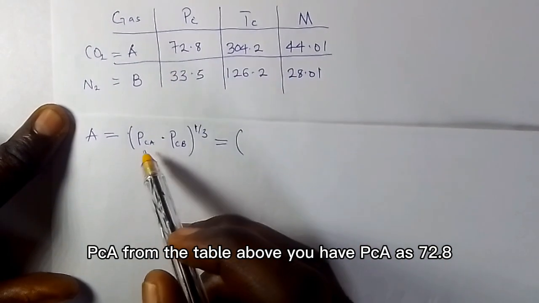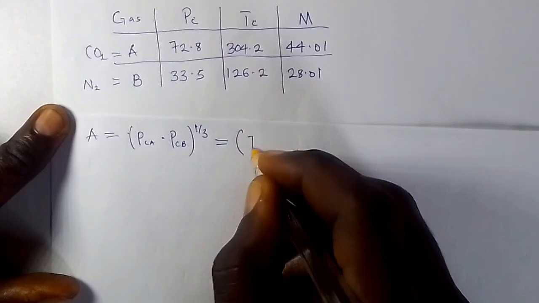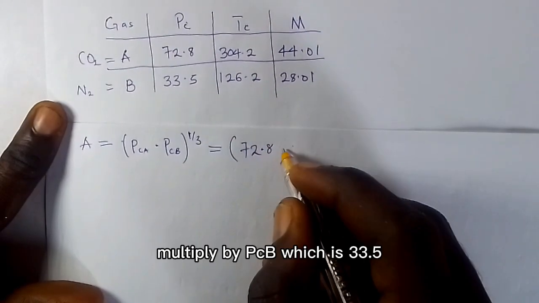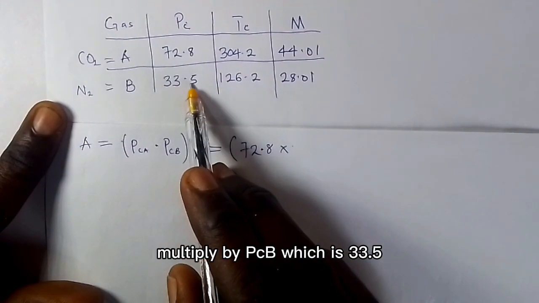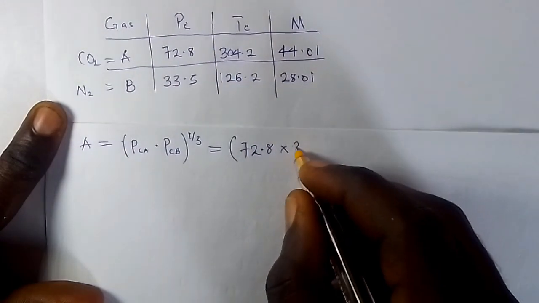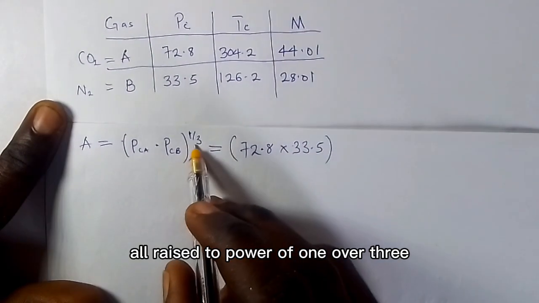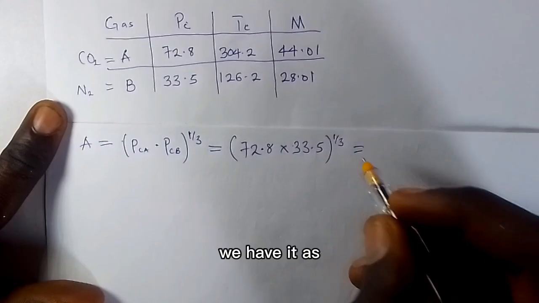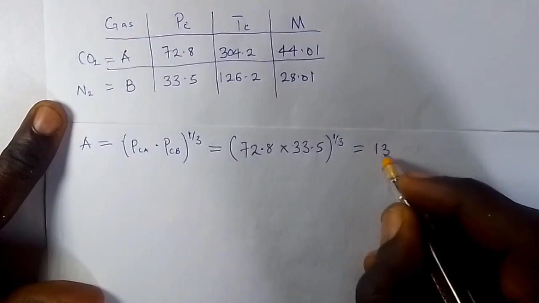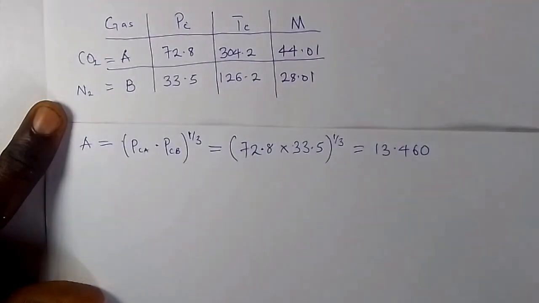From the table above, we have PCA as 72.8 multiplied by PCB, which is 33.5, all to the power of 1 over 3. We have it as 13.460.